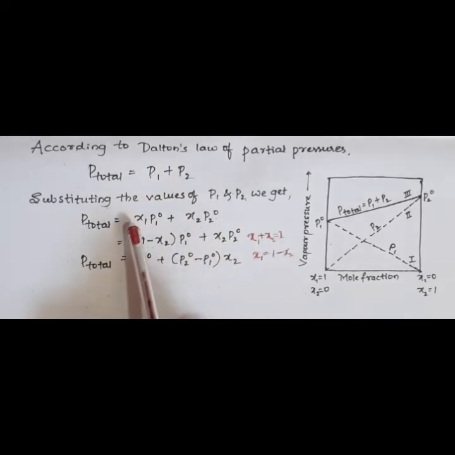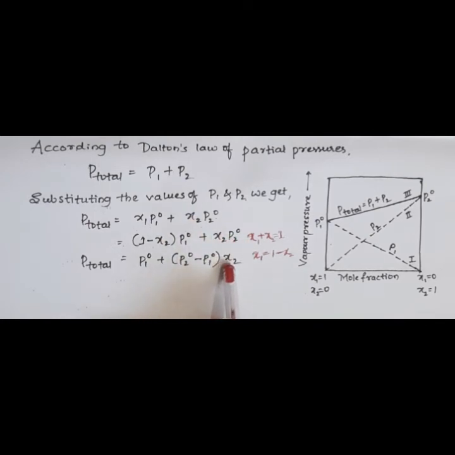So simply instead of X1 I have substituted 1 minus X2 into P1 naught plus X2 into P2 naught. So now what is the common thing here? Just simplify all these things. P1 naught into 1, P1 naught minus P1 naught into X2 plus X2 into P2 naught.